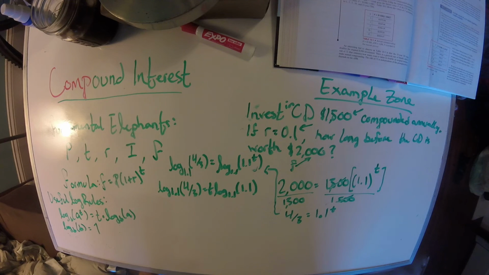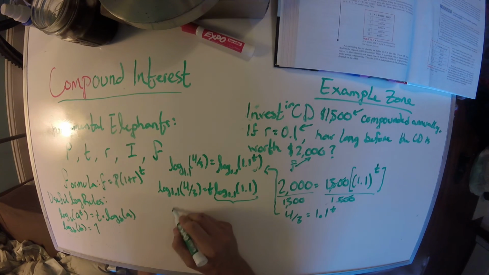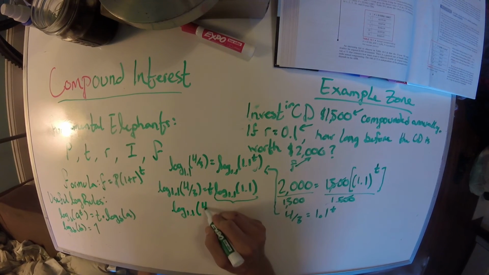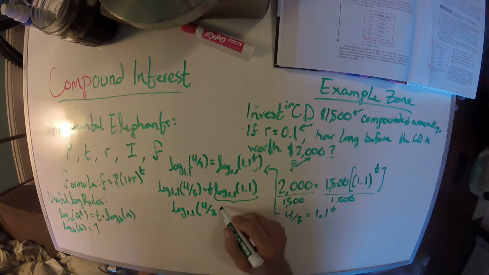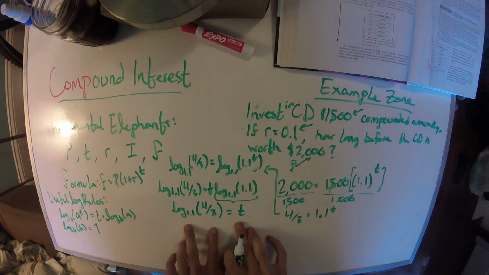It tried to kill me just then. But don't worry, I'm alive. Okay, so now applying that, this whole log here just becomes 1, and we end up with just t on this side. So log base 1.1 of 4/3 is equal to t.